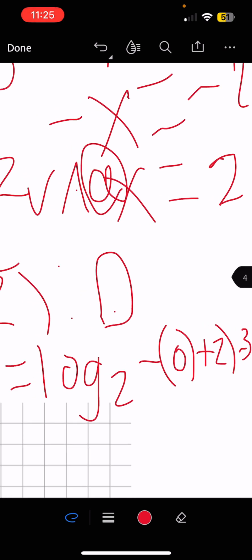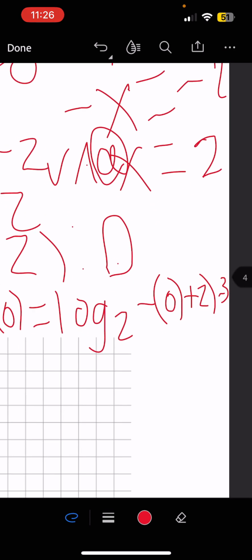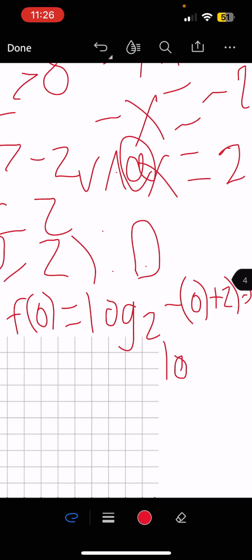Oh, dang it. So then it's going to be 1 minus 3, because log base 2 of 2 is always 1, since 2 to the power of 1 is 2, right?